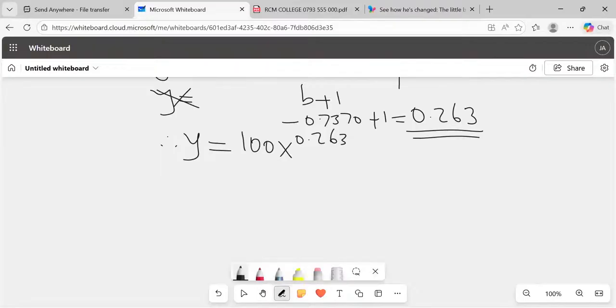We know that y 10th unit will be equal to y first 10 minus y first 9. You see, the 10th is only one unit, right? Y first 10 minus y first 9.